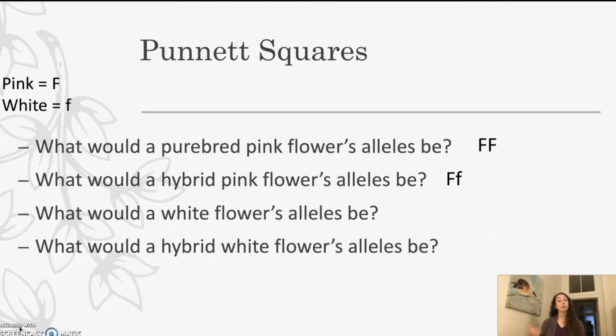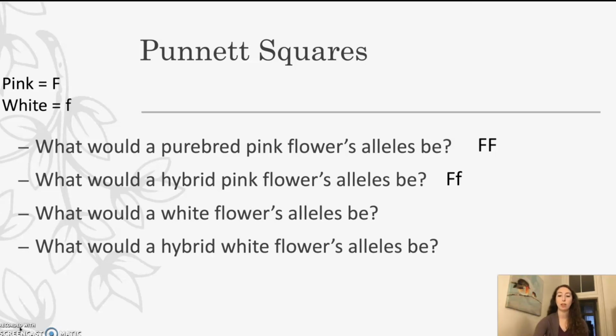Now, this question doesn't give you purebred, hybrid, heterozygous, homozygous. All it tells you is, what would a white flower's alleles be? Is that enough information? It absolutely is. I want you to think about it. If it's white, and that is the recessive allele, what does the genotype have to be?